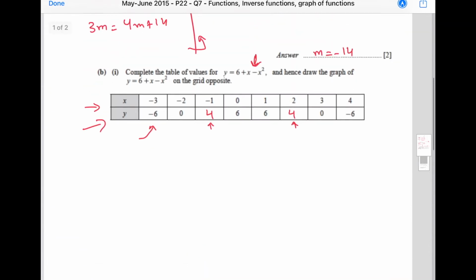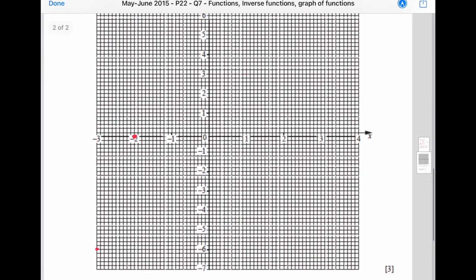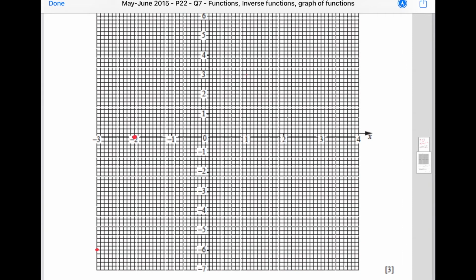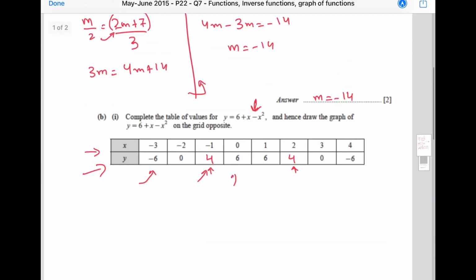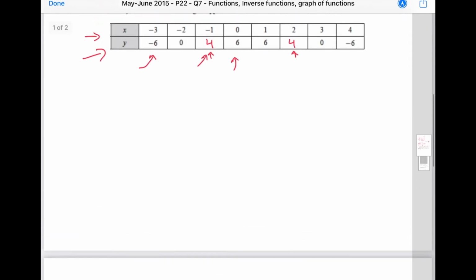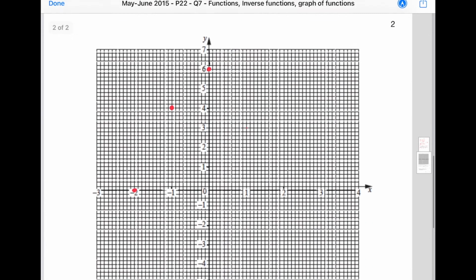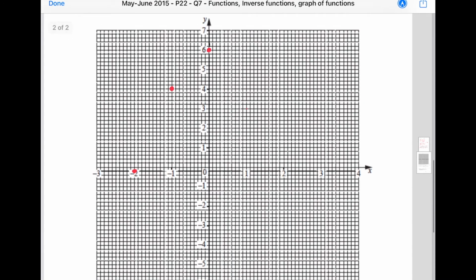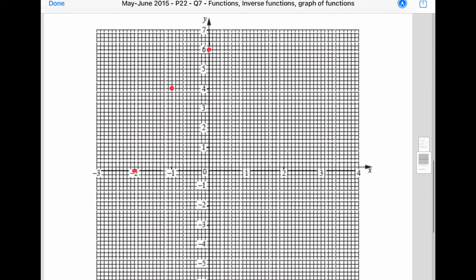The next value is negative 1 and 4. So negative 1 and 4 is supposed to be at this point right here. Okay, the next part is 0 and 6. 0 and 6 is supposed to be over here. The next one is 1 and 6. 1 and 6 is supposed to be over here.